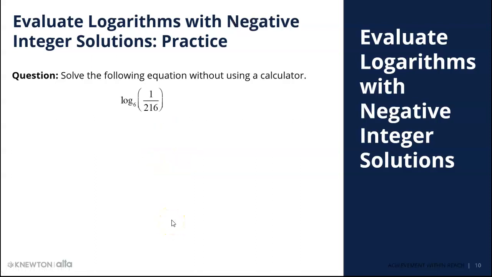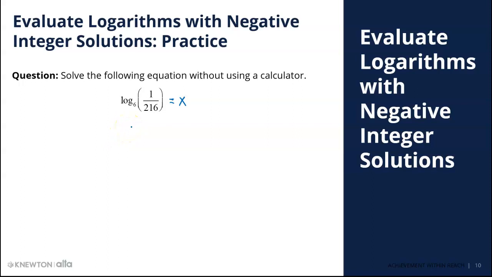Now let's consider a different example. Solve the following without using a calculator. We have log of 1 over 216 base 6. To answer this, it is important to think of it in exponential form. Since we are looking for the value of this expression, we will equate it to x because we don't know what the value is, and from there write its equivalent exponential form.